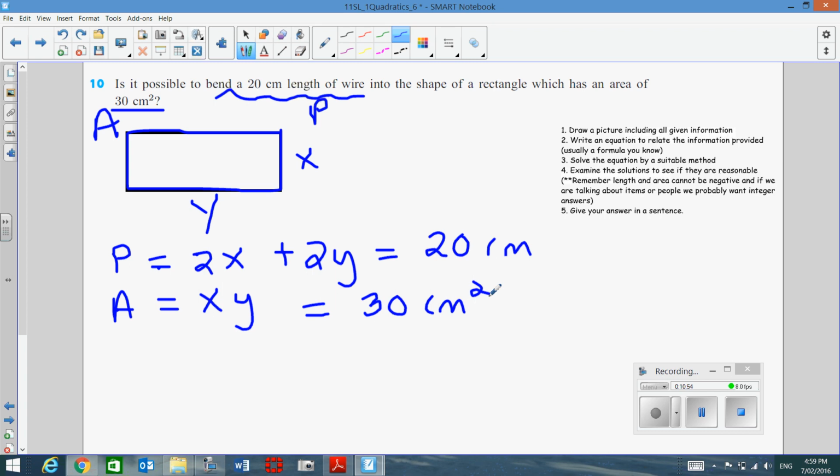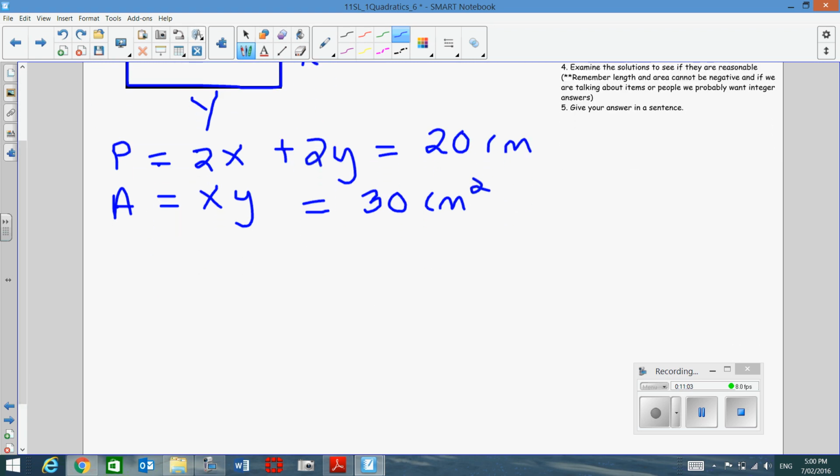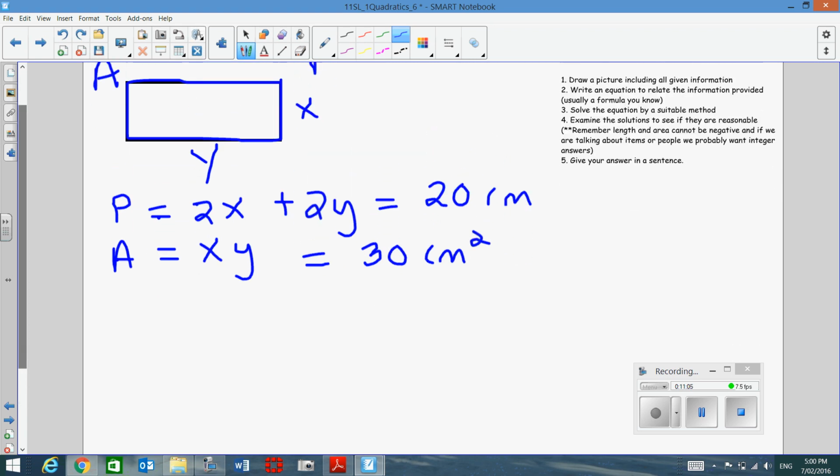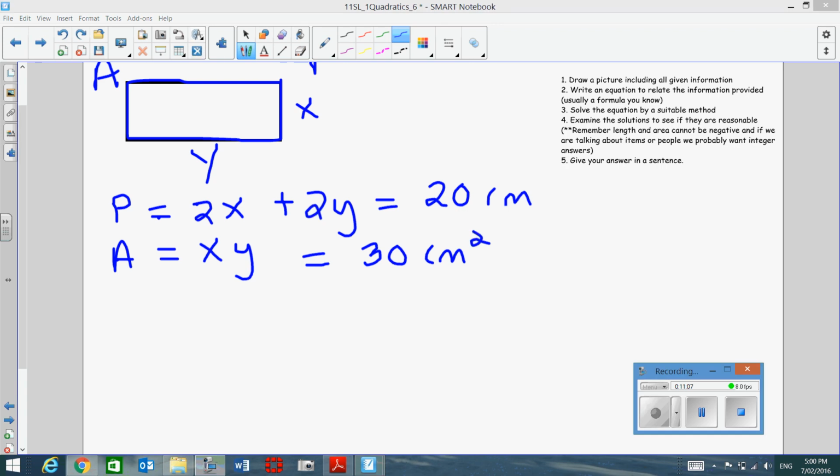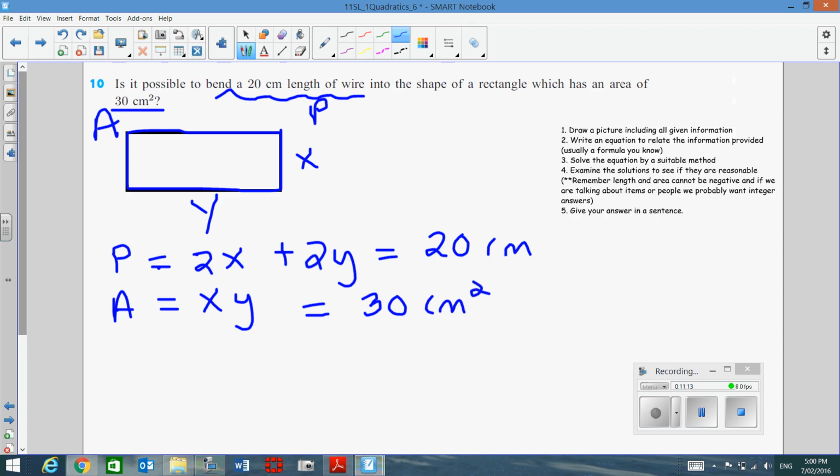So I actually have enough information here to isolate either my x or my y, and that's just by making one equation out of two equations, which is really solving a system of equations. So let's try that.